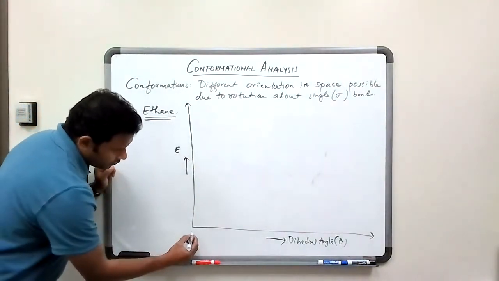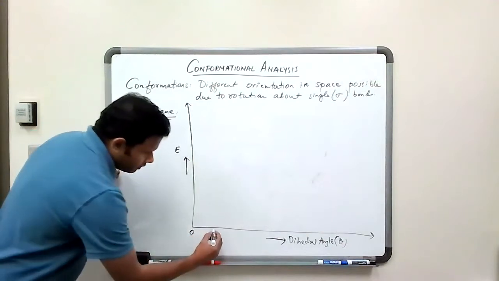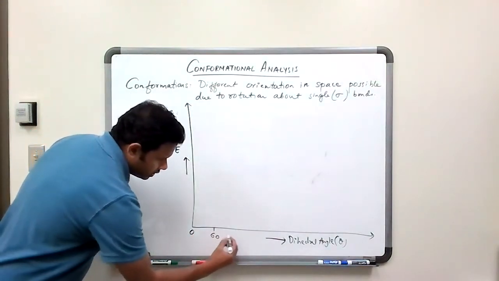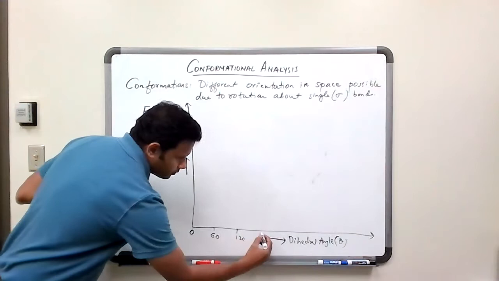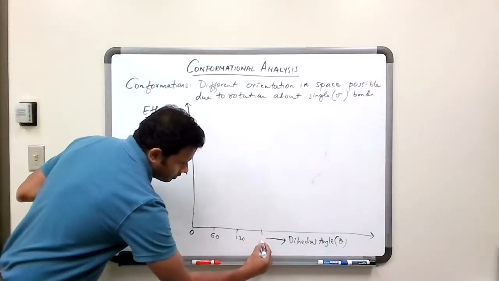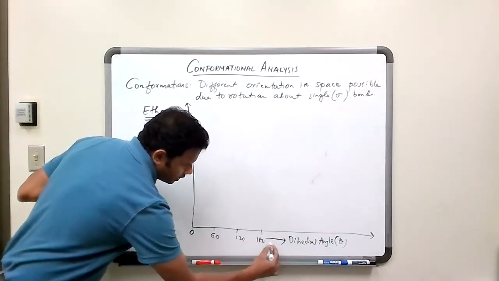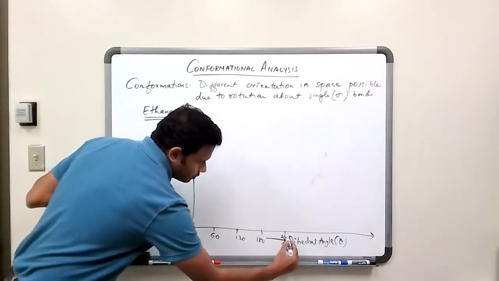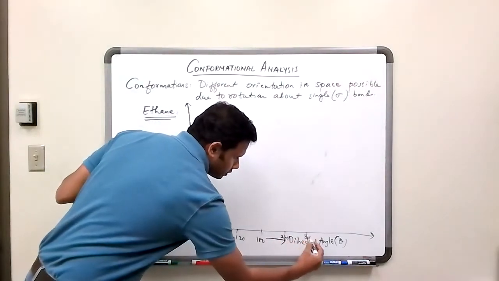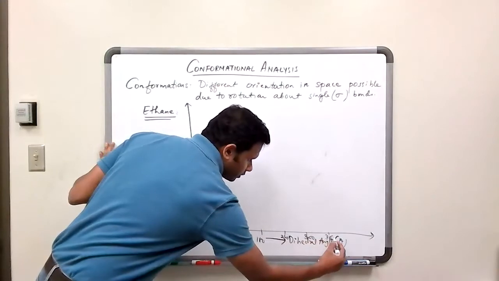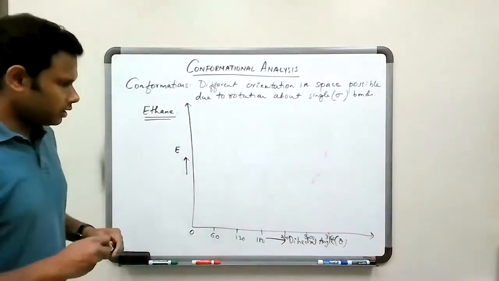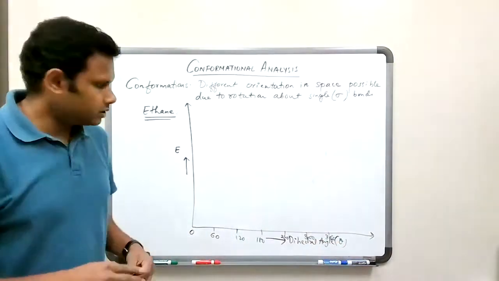So let's say we start with 0 here, and then you've got 60, 120, 180, 240, 300, and 360. So you're looking at a complete rotation in space.